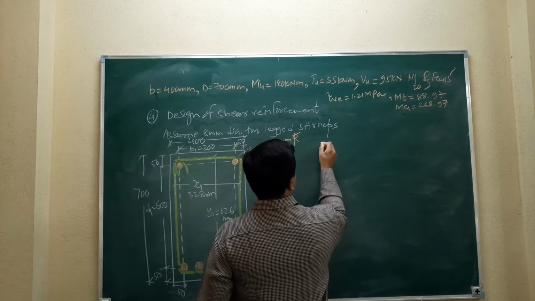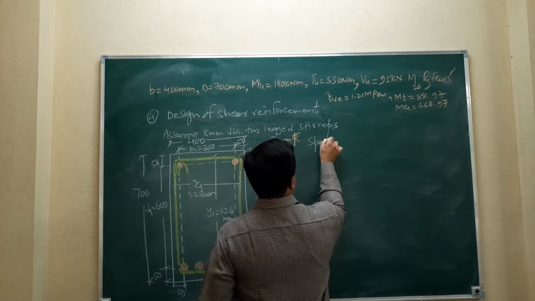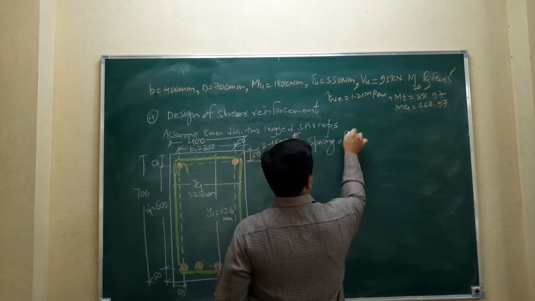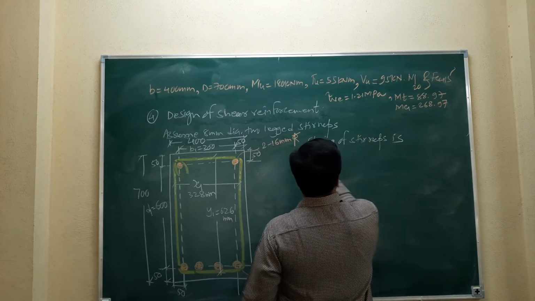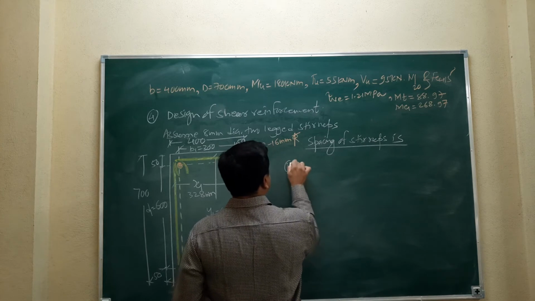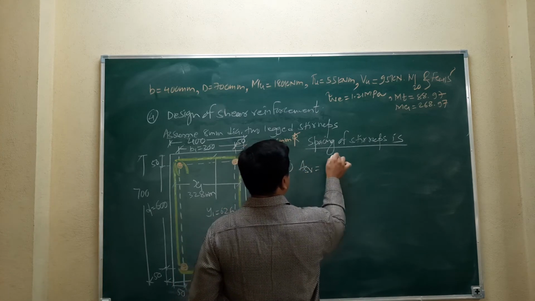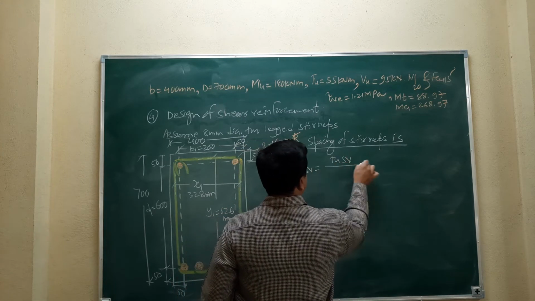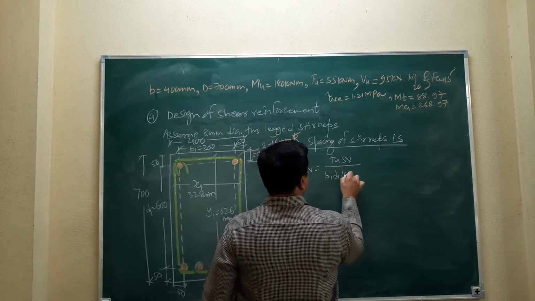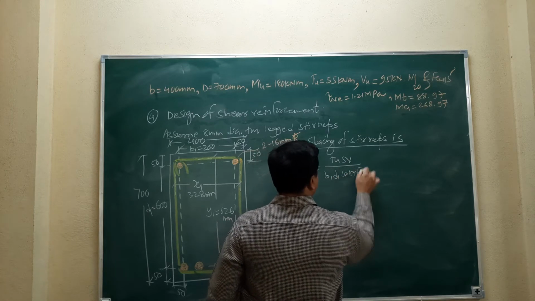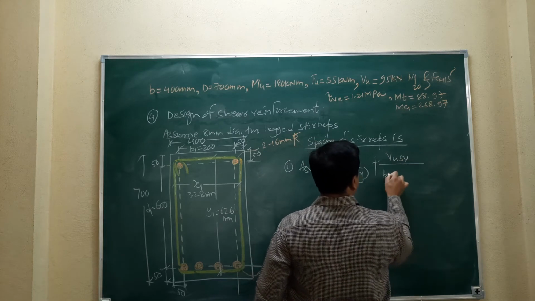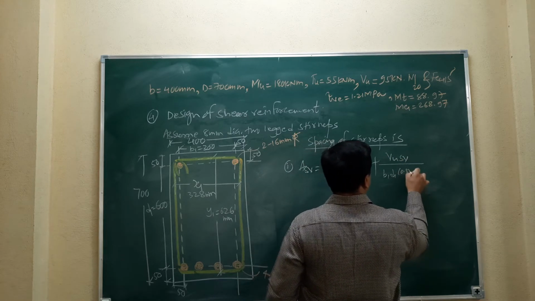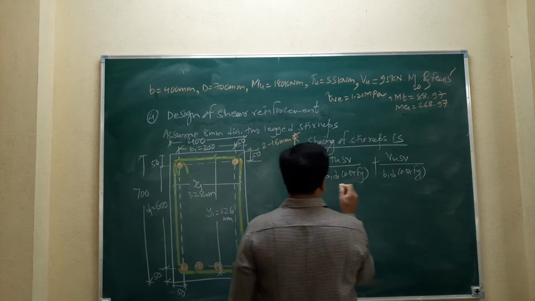Spacing of stirrups, the first value is ASV is equal to TV into SV divided by B1 D1 into 0.87 FY plus VU into SV divided by B1 D1 into 0.87 FY.